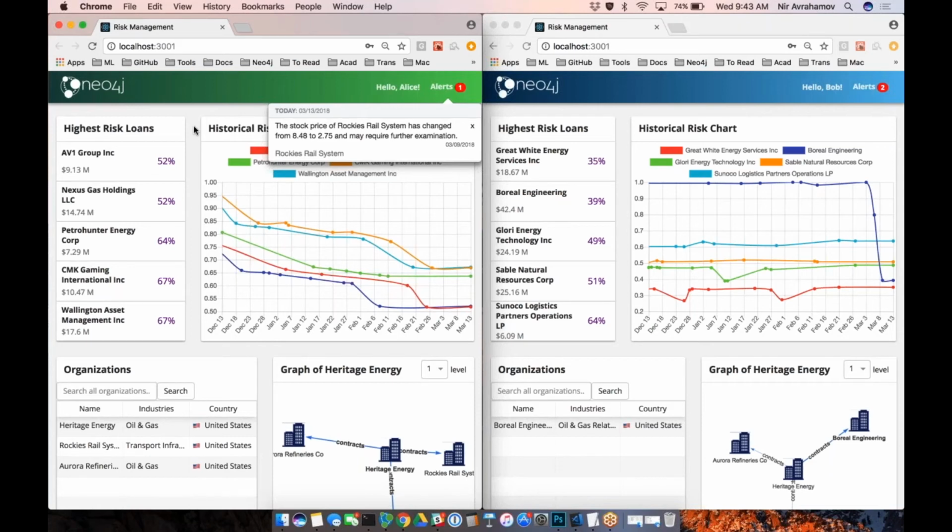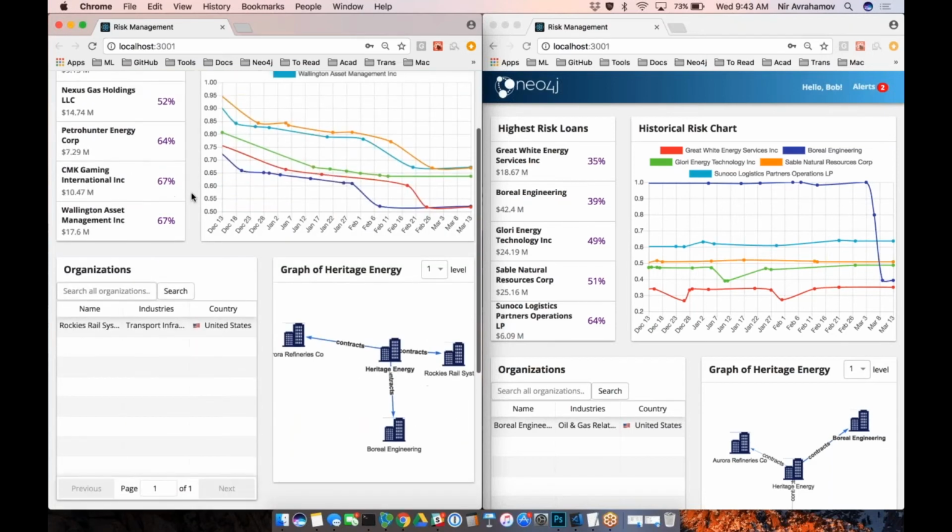It has now cascaded down from the oil price, down to the refinery, down to the engineering company, down to now the railway as well. So the market is always aware of these things, and the risk is cascading as time passes in fairly real time across all of these companies.